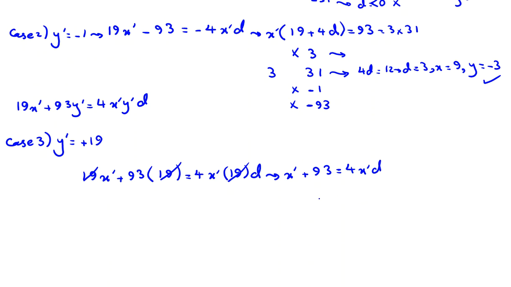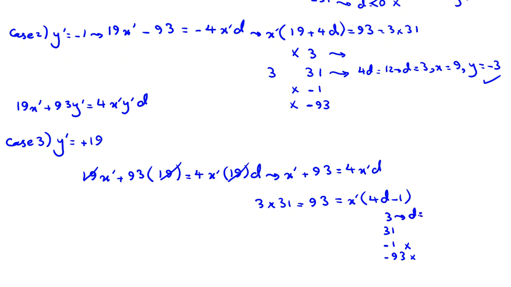And we can say 93, if we factor out x', equals x' times (4d minus 1). Now, it is 3 times 31, so here it is 4k plus 3, the remainder. So it can be 3, 31, negative 1, negative 93. Because d is at least 1 positive, these two cases are impossible.